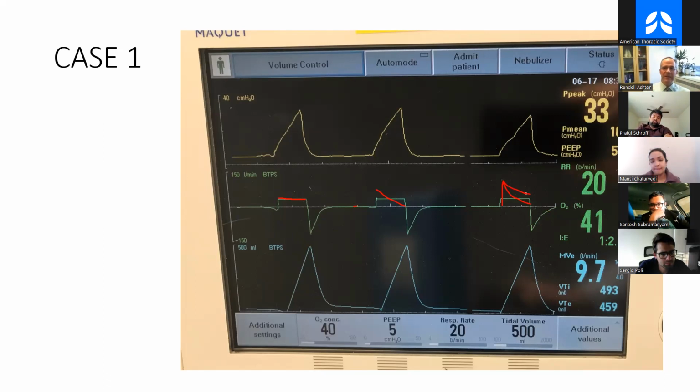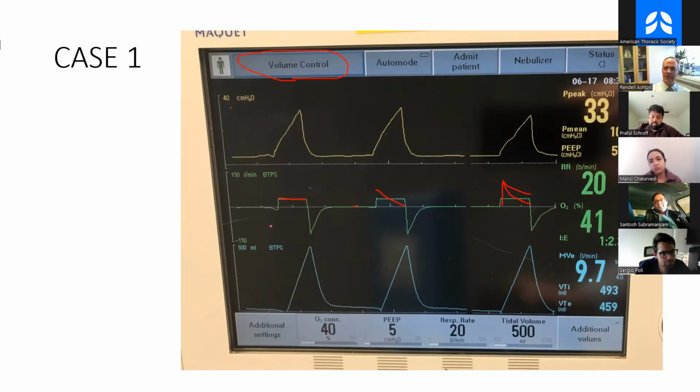But you'll be able to see that it's not a straight line, that it's a curved exponential line. Making sense? So it helps us, of course, that it says it's volume control up here. But be careful because some modes, like pressure regulated volume control, are actually pressure control modes. And they do name things like that to fool you.